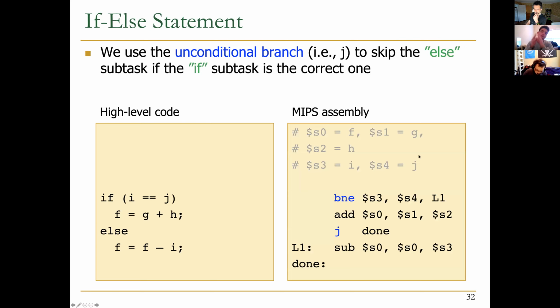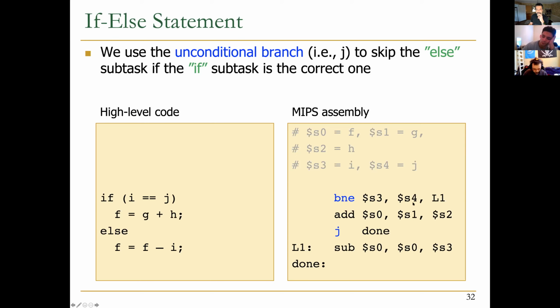Here is one way. Again, this translation of variables to register values is very important. So here we branch not equal to L1. L1 is here, but this command only gets executed when these two, S3 and S4, are equal, right?